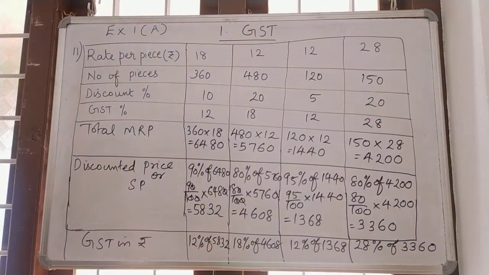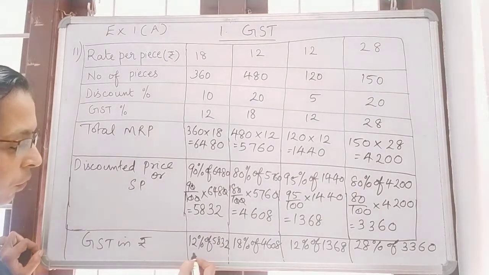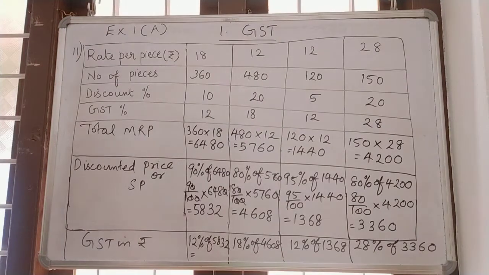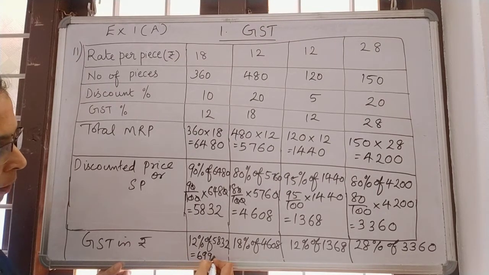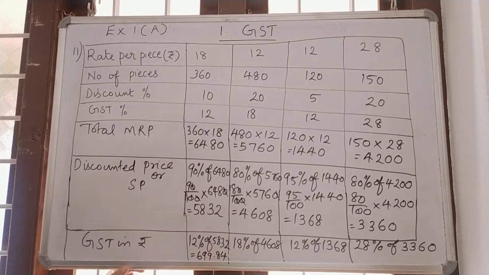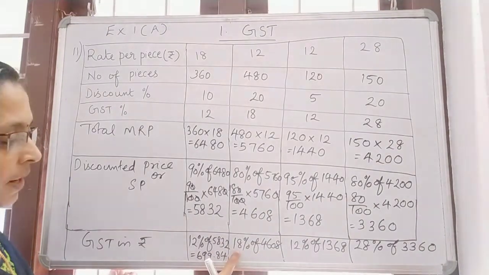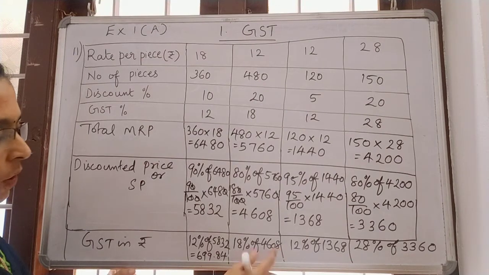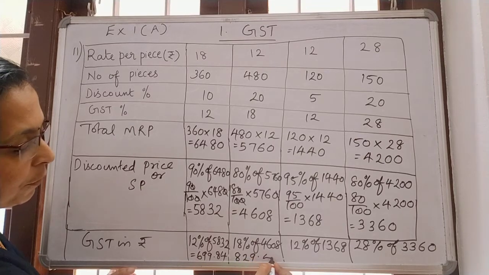So 12% of 5832 means 12 by 100 into 5832, and you will get 699.84. Next, 18% of 4608, that is 18 by 100 into 4608, you will get 829.44.